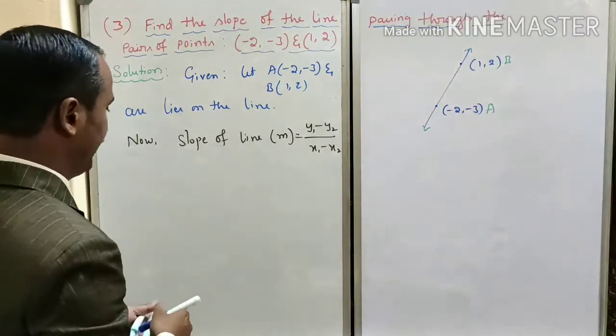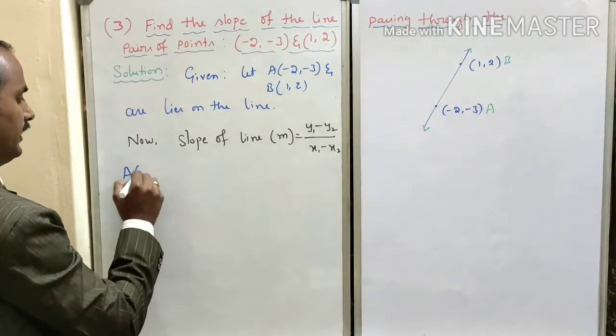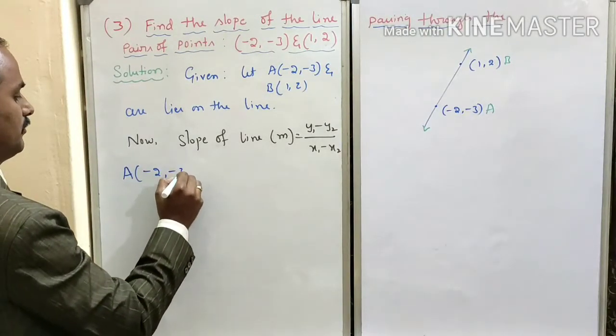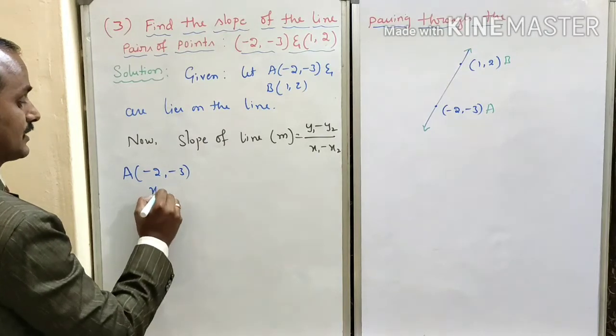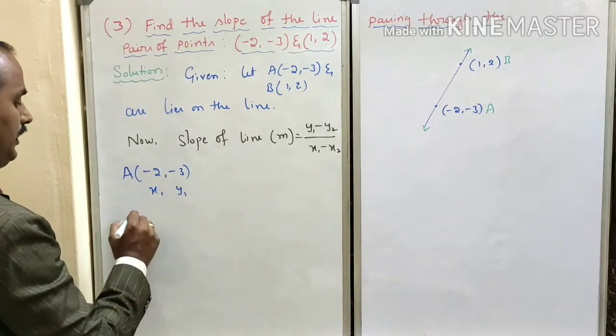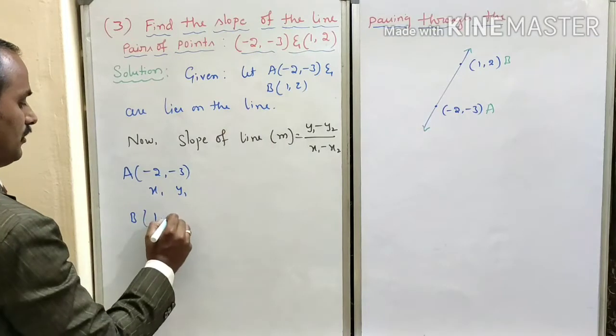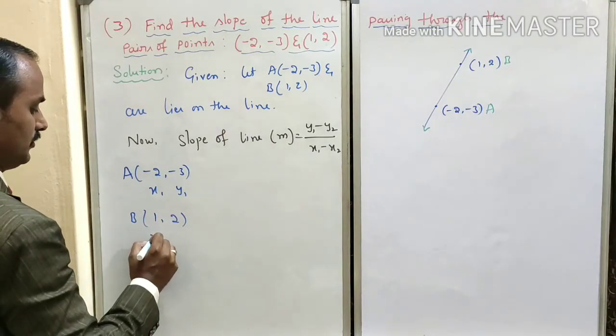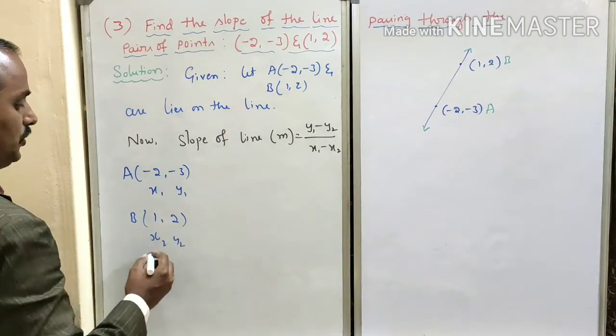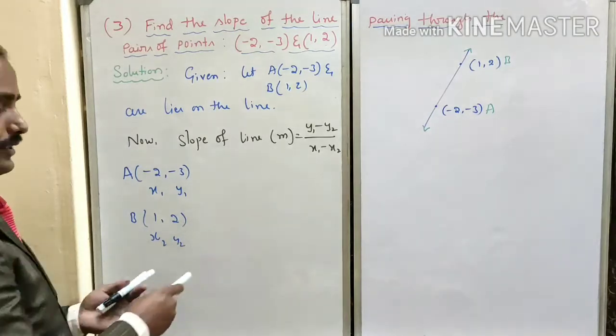You know that A coordinates are (-2, -3), that is x1, y1. B coordinates are (1, 2), I write down x2, y2. You should write down like this, then substitute the values.